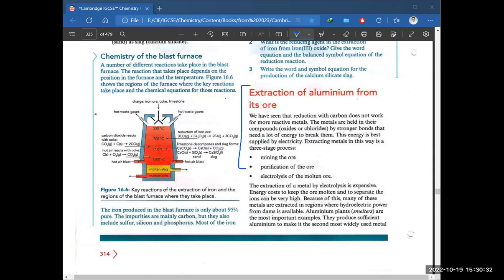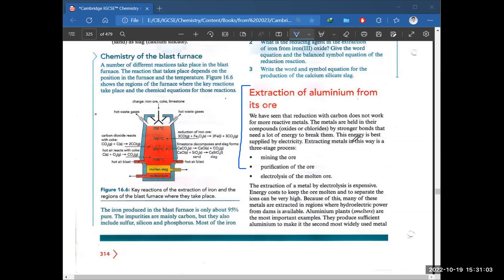Extraction of aluminium from its ore. We have seen that reduction with carbon does not work for more reactive metals. The metals are held in their compounds, oxides or chlorides, by stronger bonds that need a lot of energy to break them.